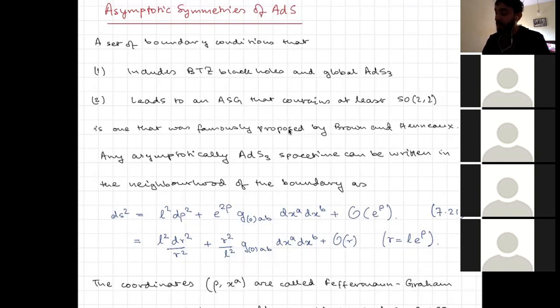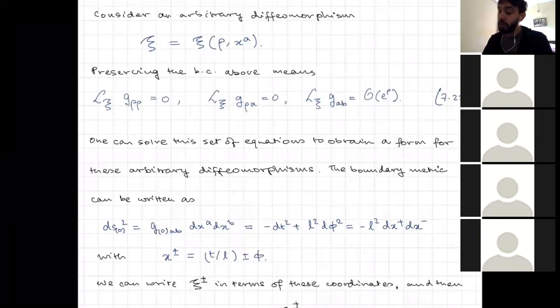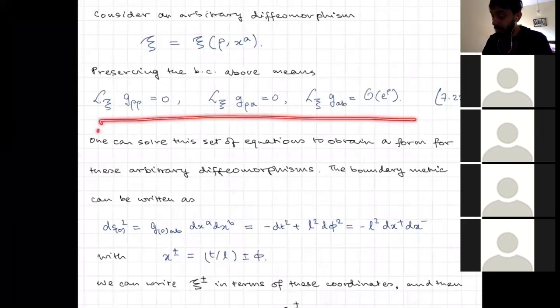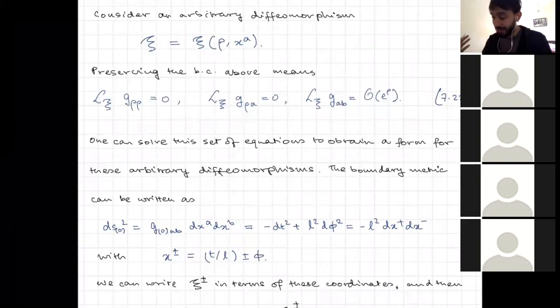So this Lie derivative of g0_ab has to be fixed up to something which is of order exponential of ρ. Okay, so this is going to be something that I will leave to you guys to try and sort out. This is going to be hopefully a fun exercise for you guys to do. So you are going to get some equations from here, and you need to solve these sets of equations to obtain a form of this arbitrary diffeomorphism. Okay.